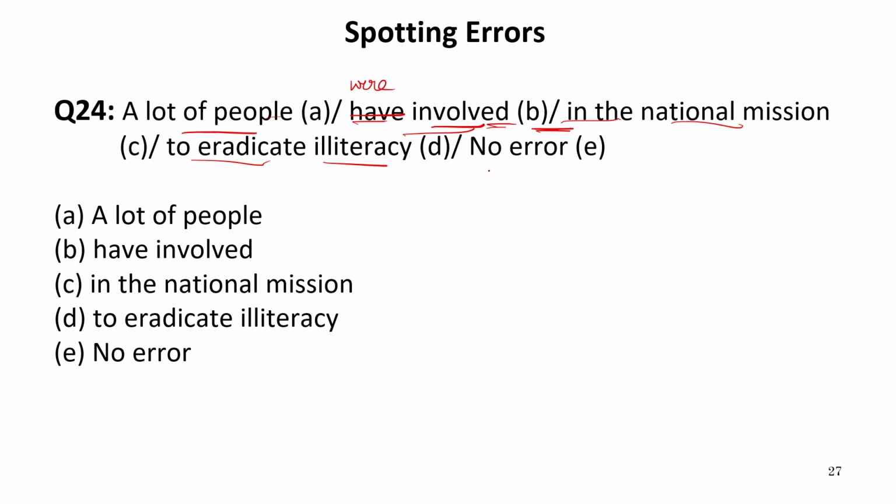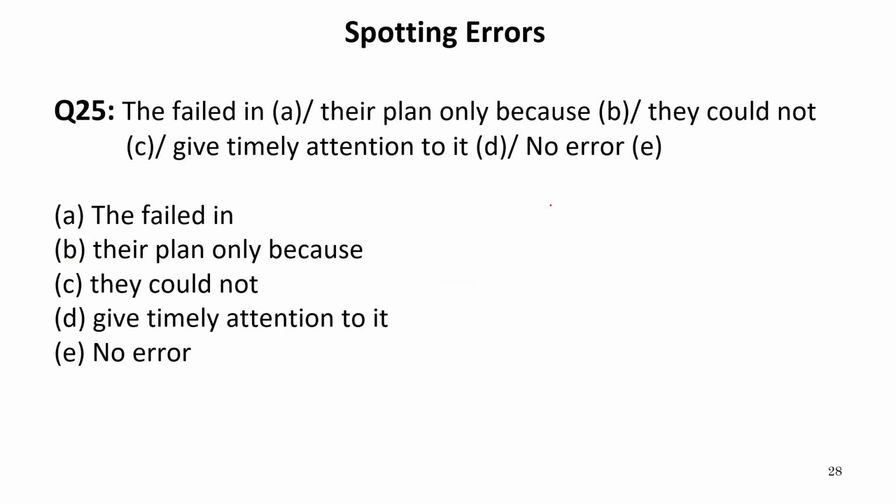The sentence has to be made passive because we do not have any object and the verb is not intransitive. So the error is in part B. So our answer is B. This is again very, very simple. Now let us move to the next one.